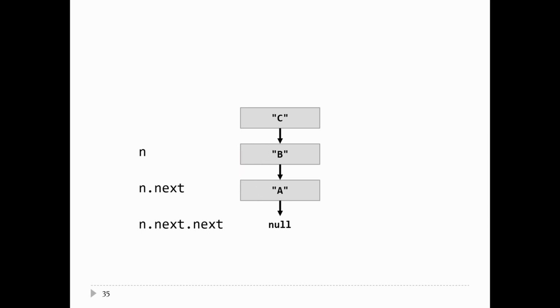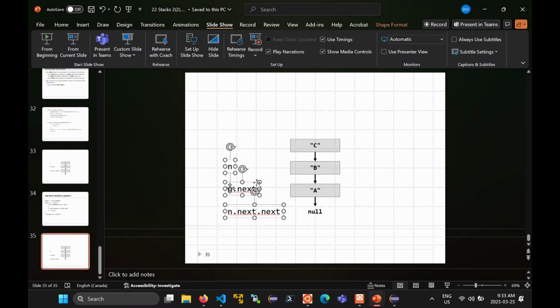And of course, if you need to stop at the third last node of the sequence, you would just change the condition so that it becomes n.next.next.next is not null, and so on. Hopefully that makes it a little clearer how to work with a sequence of nodes. It's useful to get used to the fact that you can continually write .next after a previous .next to move to the next node in the sequence.